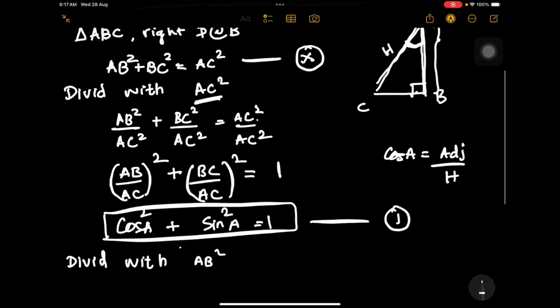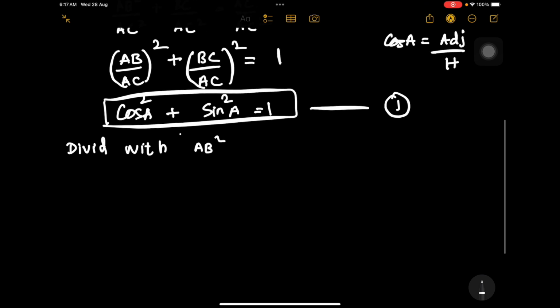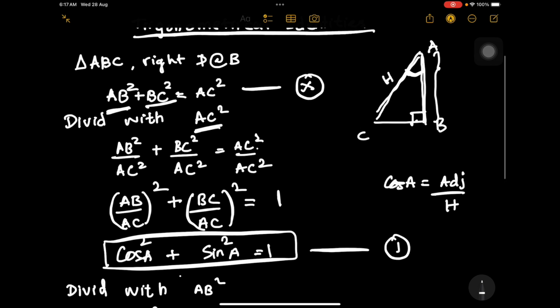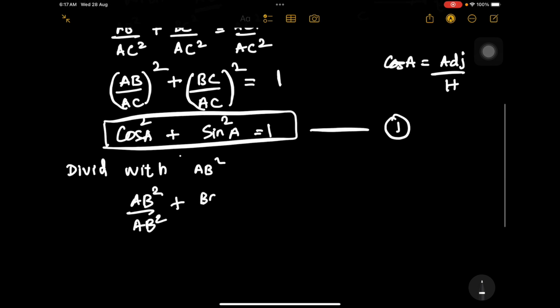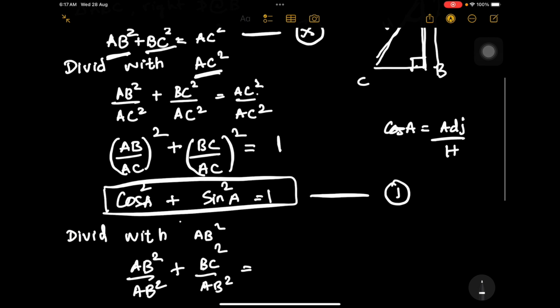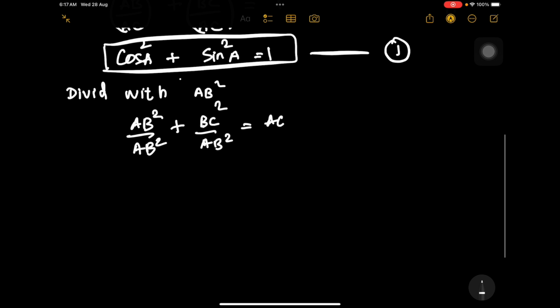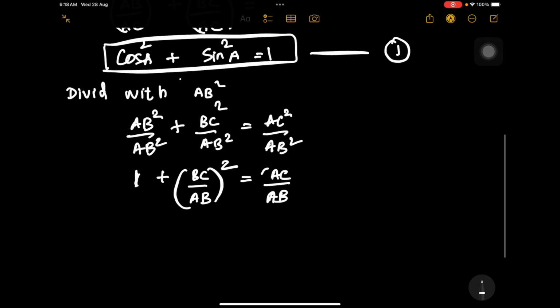First, AB squared over AB squared plus BC squared over AB squared is equal to AC squared over AB squared. So it's going to be 1 plus (BC over AB) whole squared is equal to (AC over AB) whole squared.